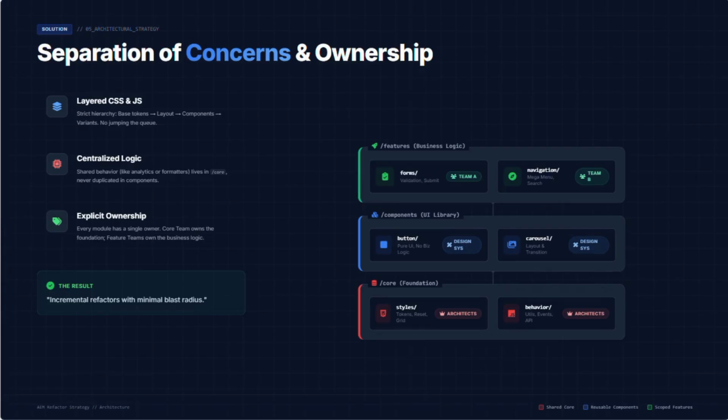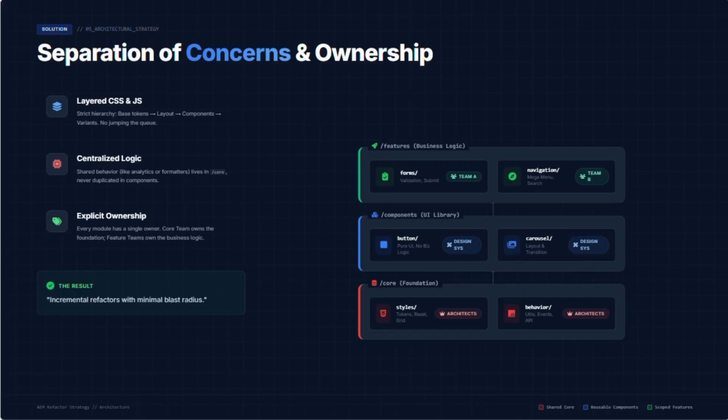Second, they centralize shared logic. Common behavior lives in one place, not copied into every component. Third, they define clear ownership. Every module, every client lib, every style layer has an owner responsible for changes. And finally, they refactor at the feature level, not globally. This keeps the blast radius small.